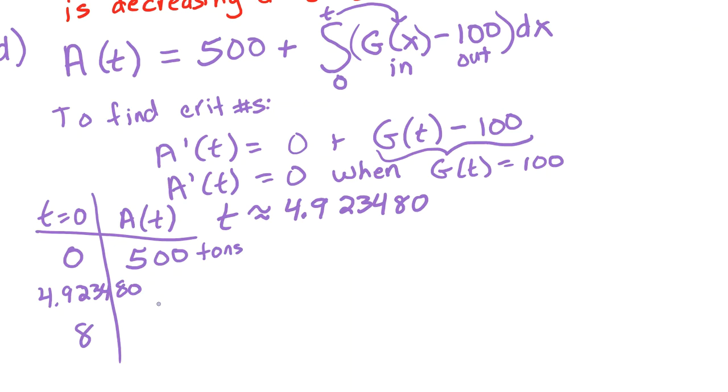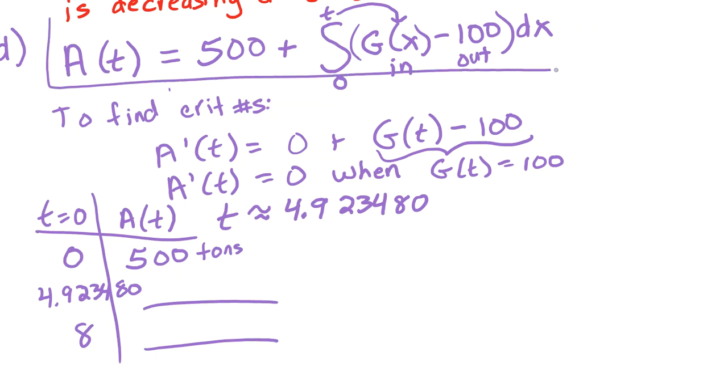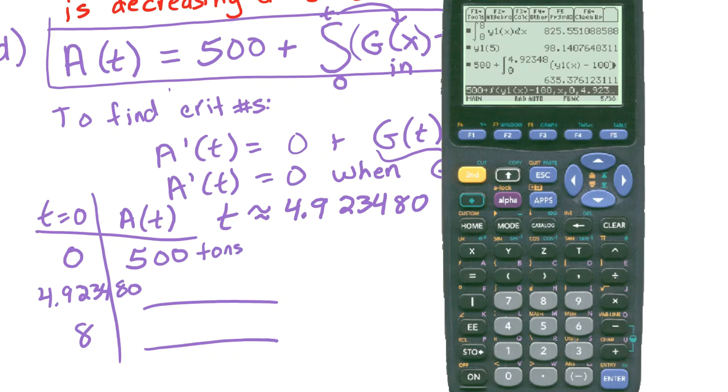And now I'm going to use my calculator to find these 2 values. So I'm actually going to calculate this function. You could put that into your calculator as Y3, or this could be the integral of Y1 if you do that in your home screen. So let me pause and get that in the calculator and then I'll show you. All right, let's look and see how I just did this in the home screen.